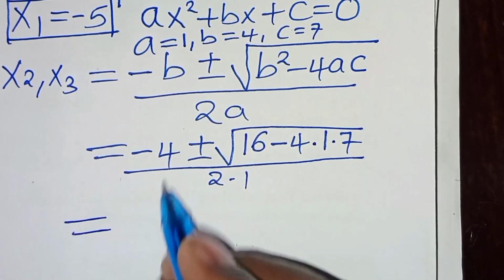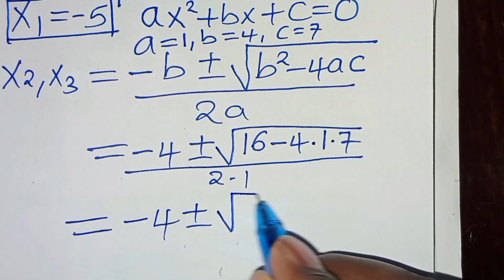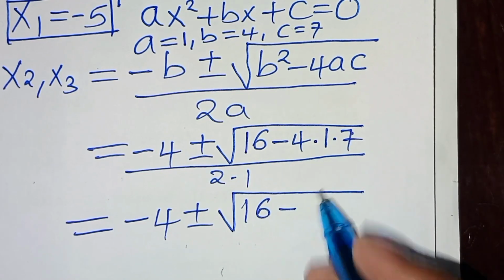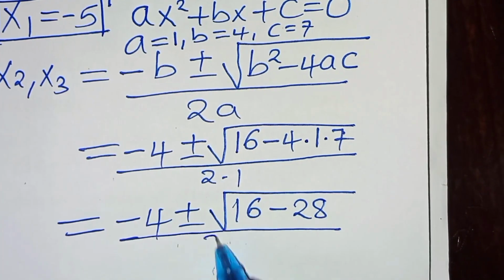So here, this means we have minus 4 plus or minus the square root of 16 minus 7 times 4, which is 28, all divided by 2.